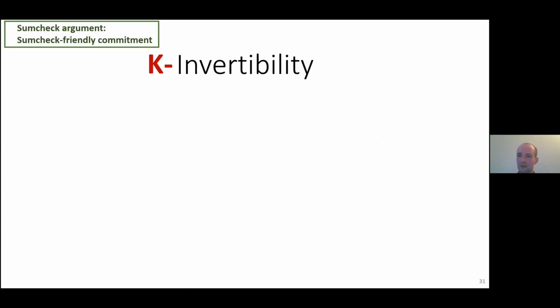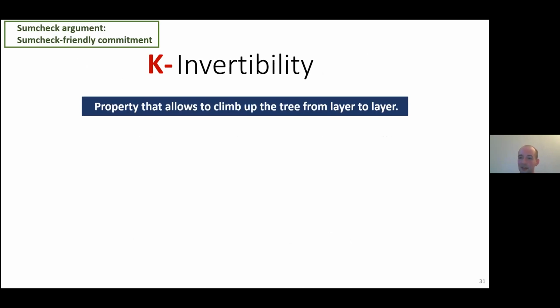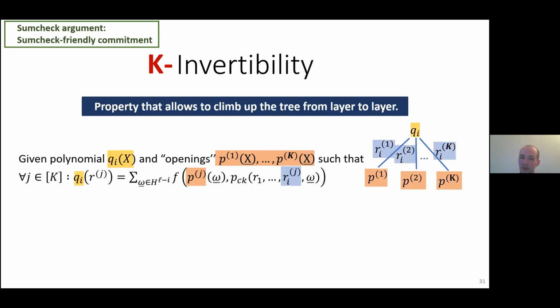Okay, so what is this invertibility property anyway? It's the property that allows us to gradually climb up the tree. And if we zoom in on a particular part of a tree of transcripts, let's say a k-ary tree of accepting transcripts, then we've got different things in this part of the tree. We've got the ith sumcheck polynomial, qi of x, and we've got some sort of openings of evaluations of this sumcheck polynomial.